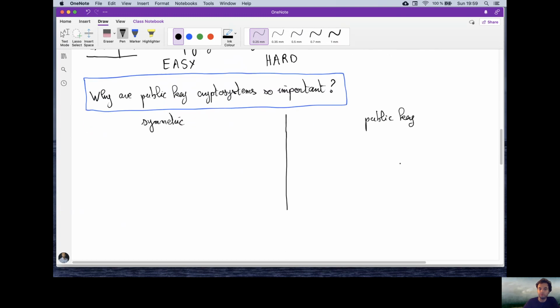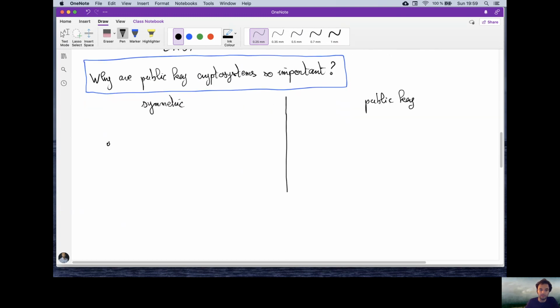Suppose you have two people, A and B, that are communicating between them, and they use some cryptosystem and they need some enciphering key and a deciphering key, right? First thing is that this E_AB and D_AB must be secret, right?